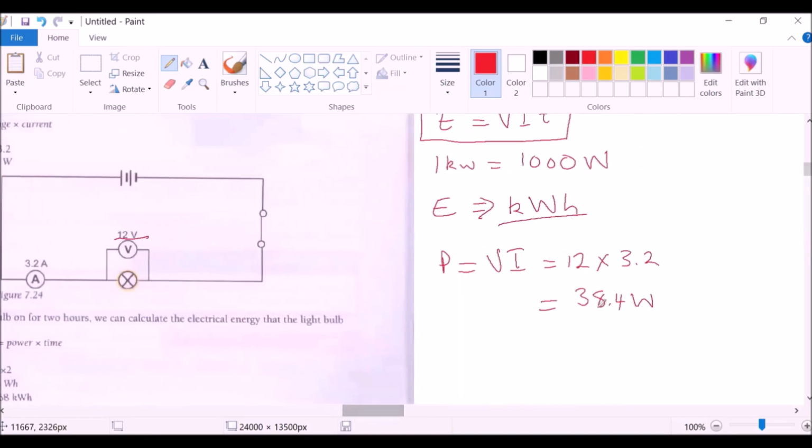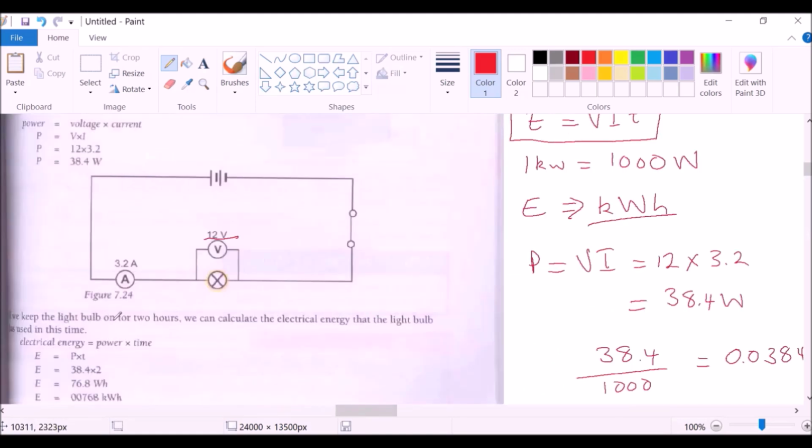Now, to convert it to kilowatts, we divide by 1000. So this is 38.4 over 1000, which will give us 0.0384 kilowatts.